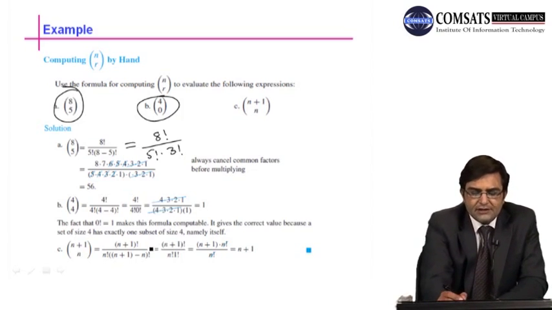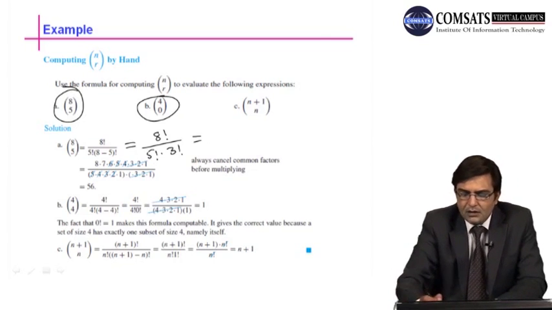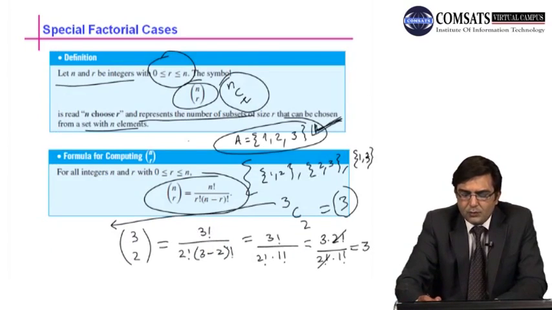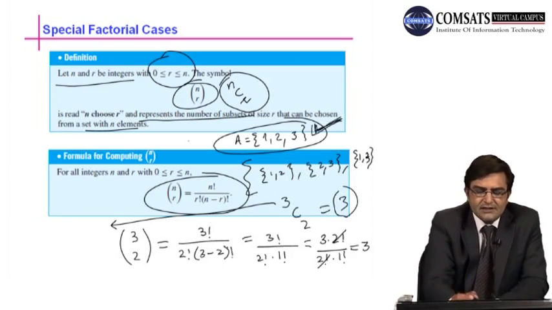There is another method of simplifying it. One method is to expand or open up the factorials, then cancel out the common factorials and simplify the other terms.